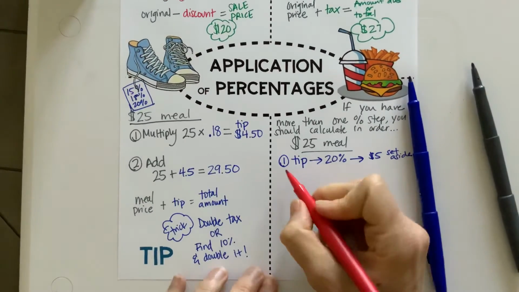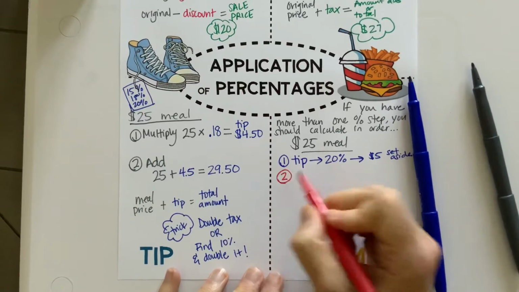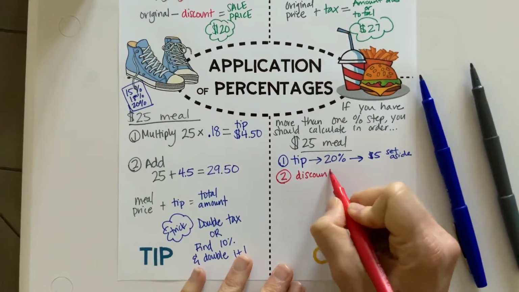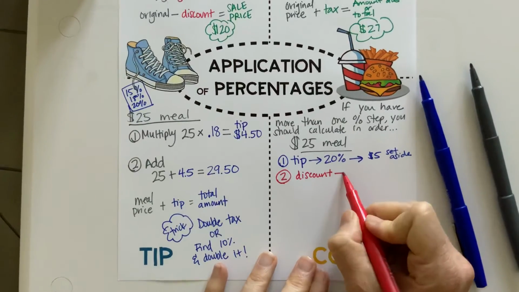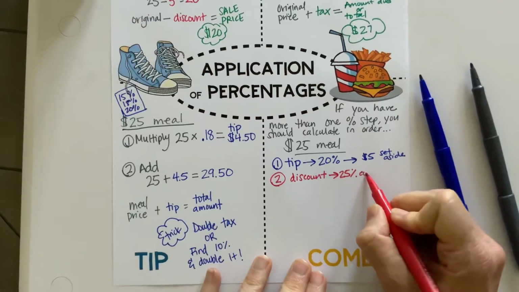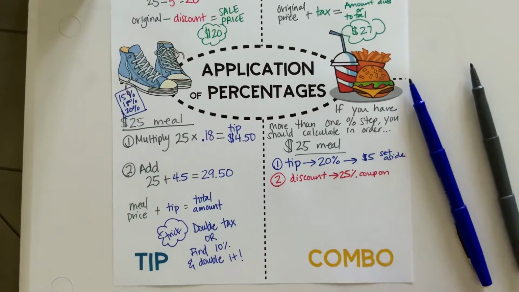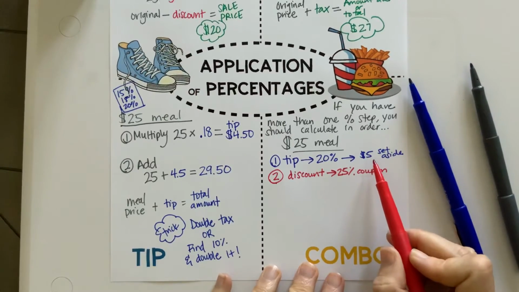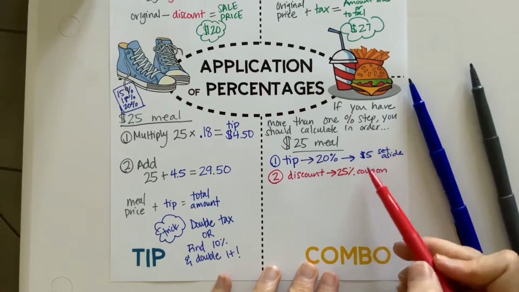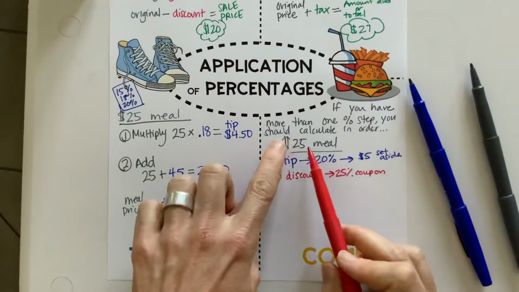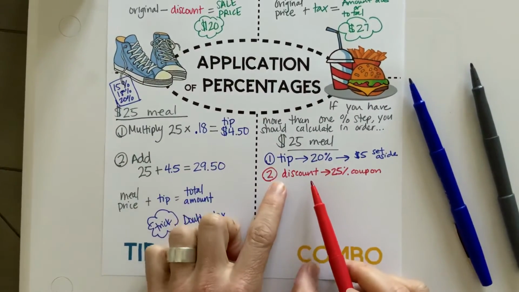The next thing that you're going to do is calculate the discount. Let's say you have a 25% off coupon. That is going to be mentally set aside, okay? So you're not actually going to deduct it just yet. You just know that that tip amount is based off of the full meal price, not the discounted meal price.